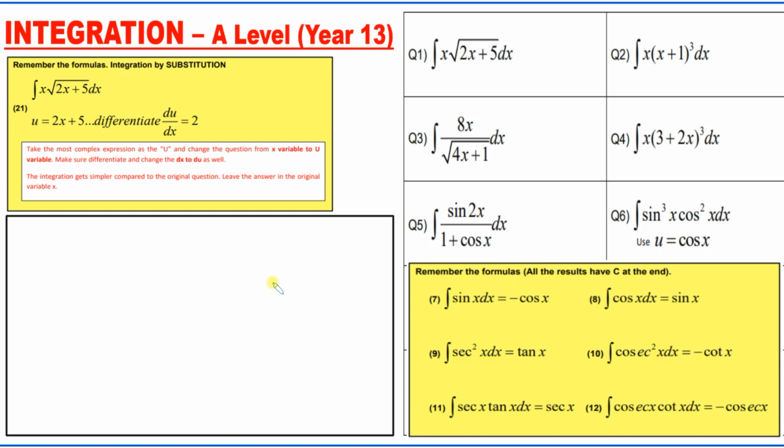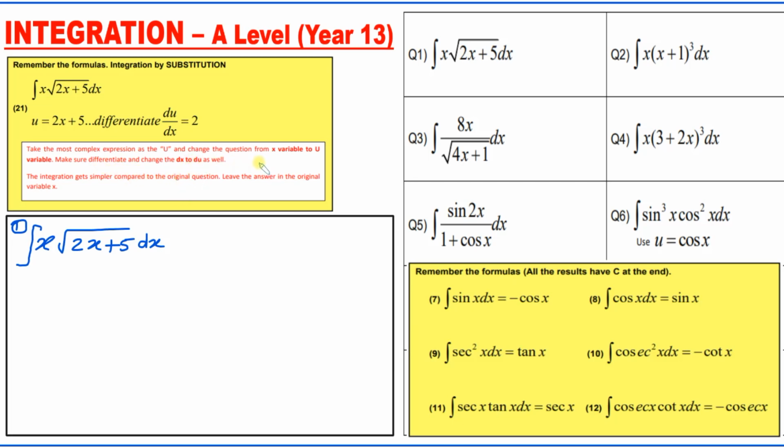Let's look at the pattern 21 example: integral of x times square root of 2x plus 5 dx. This is our first question. In the notes it says, take the most complex expression as u, or a different letter as you like.